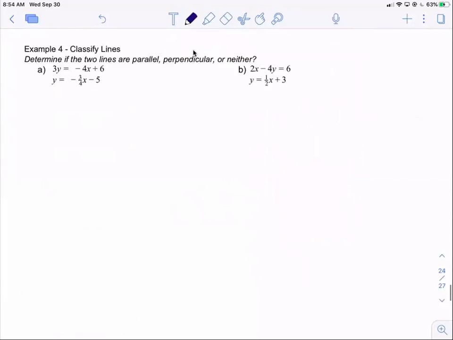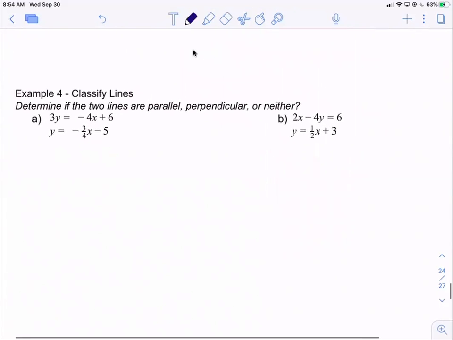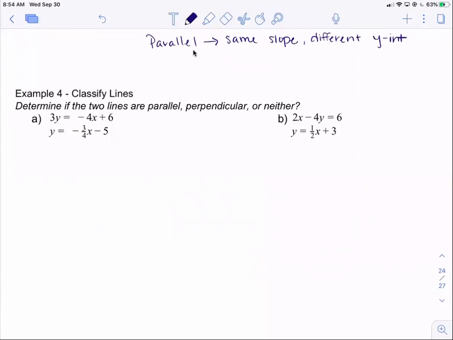All right, looking at example 4, classify lines. Determine if two lines are parallel, perpendicular, or neither. So let's review that. Remember, parallel lines have the same slope, but they're going to have different y-intercepts, because if they had the same slope and the same y-intercept, they'd be the same line.